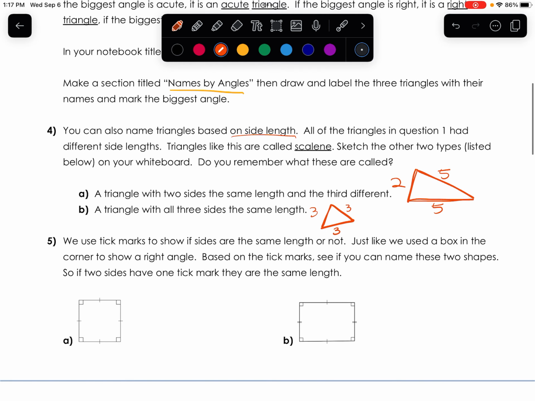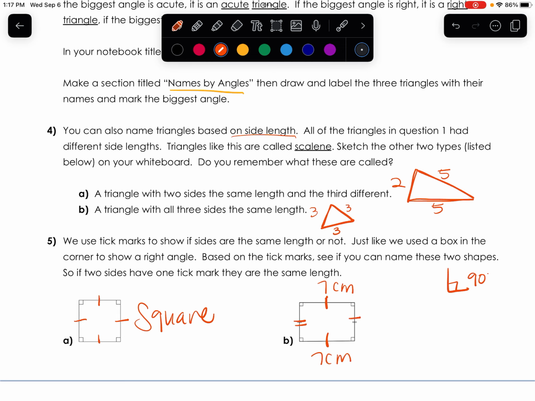So just like we used the right angle box to show 90 degrees, we can use tick marks to show side lengths are the same. So this is a shape with 90-degree corners and all four sides the same length. That's a square. This one also has 90-degree corners, but this side and this side are the same. They're maybe both 7 centimeters.